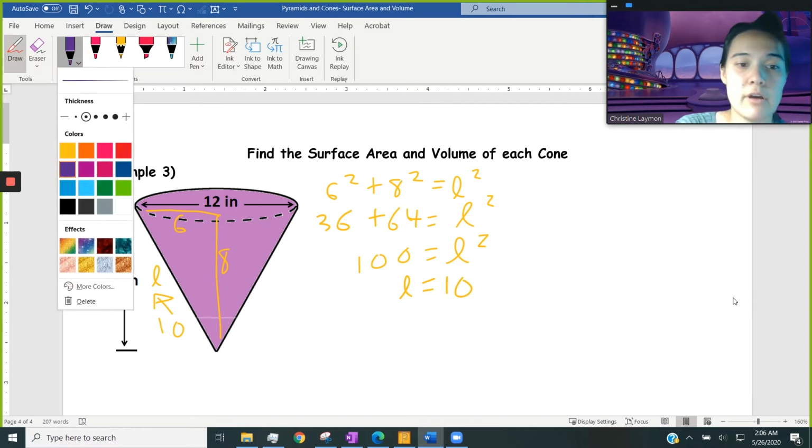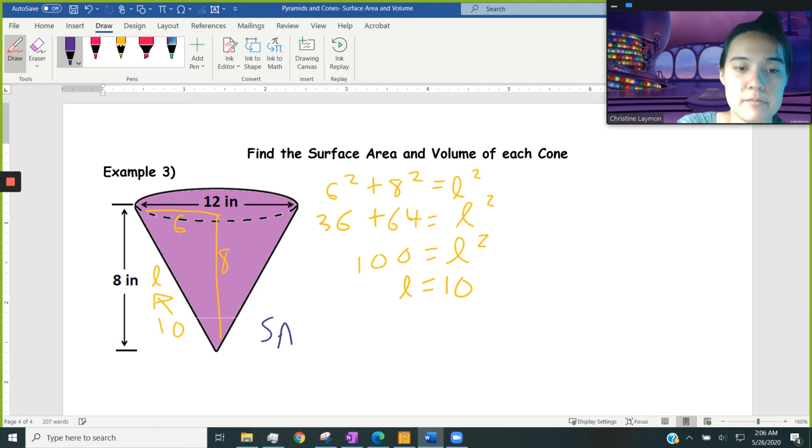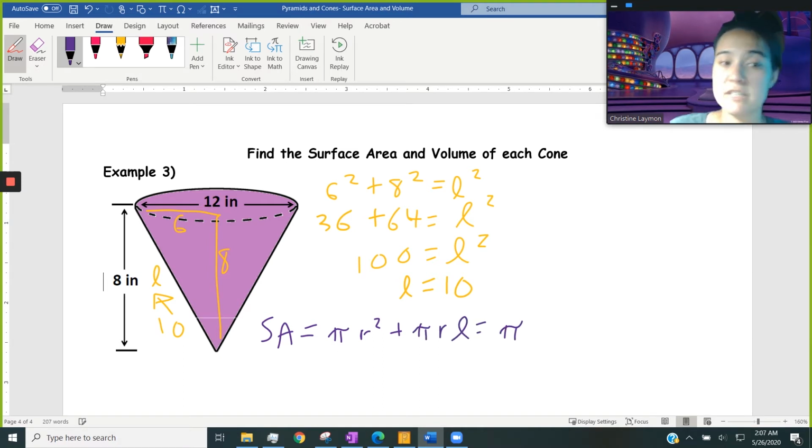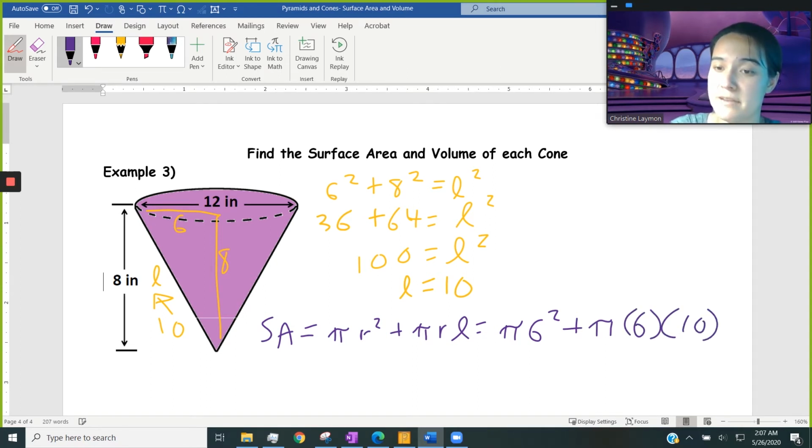Let's go ahead and start out with surface area. So remember, surface area is pi r squared plus pi r L. So pi times the radius, which is 6, squared, plus pi, again times 6, times the L, which we found to be 10.